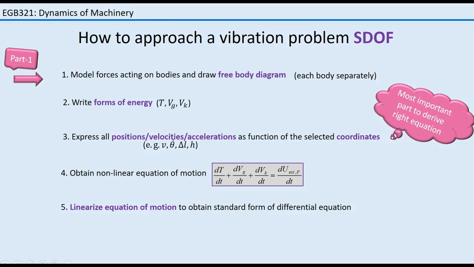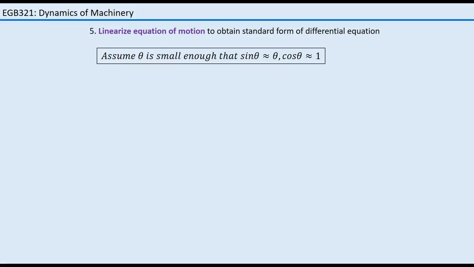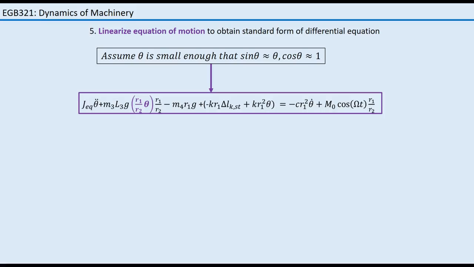Next step is to linearize the equation of motion. So the first step of linearizing the equation of motion is to assume the angular deflection is so small that we can consider sin theta equivalent to theta and cos theta equivalent to 1. So substituting this value into our equation, we get this form where R1 by R2 theta.